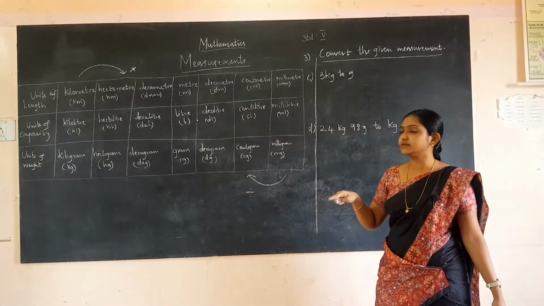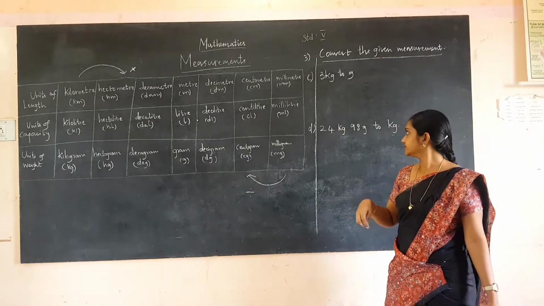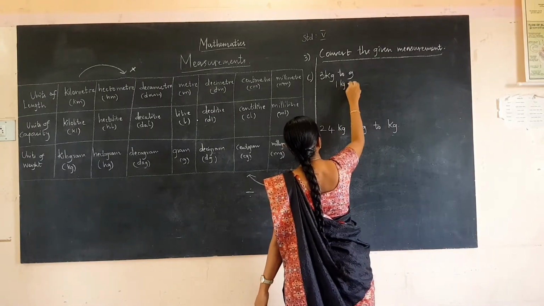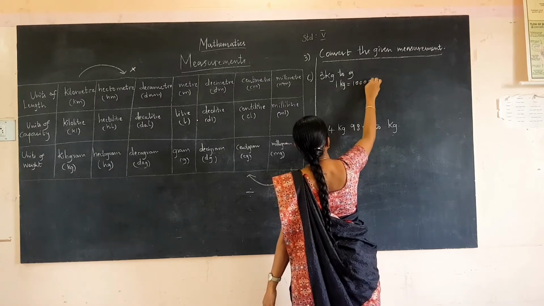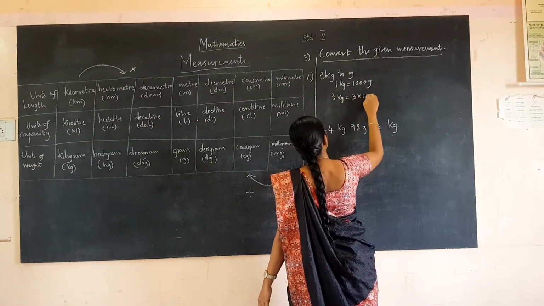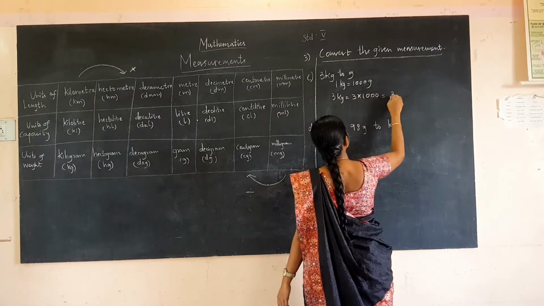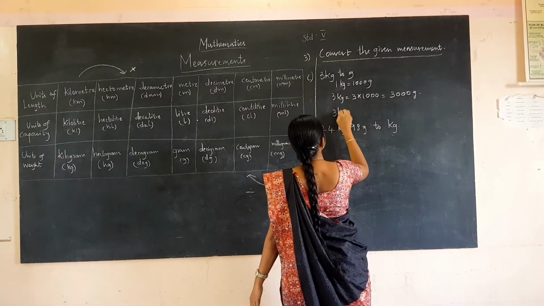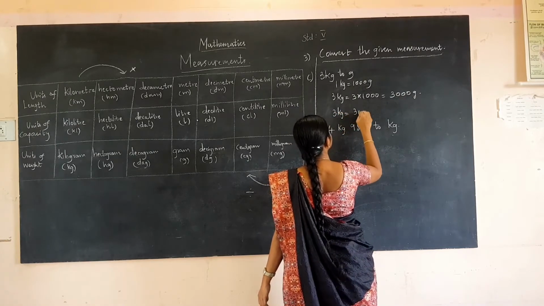So we have to multiply it by 1000. 1 kg equal to 1000 gram. Then for 3 kg it is 3 into 1000, that is equal to 3000 gram. So 3 kg equal to 3000 gram.